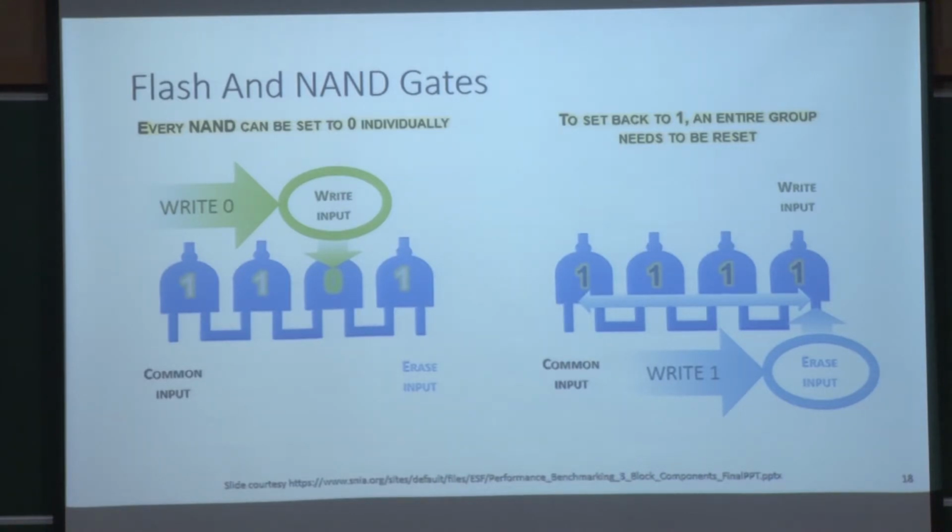But if I have to go the reverse way, then I have to write or reset this entire set of flash devices that are connected in series over here, right? So that is essentially one underlying assumption about the NAND flash technology that will percolate through our entire discussion in the next set of slides.